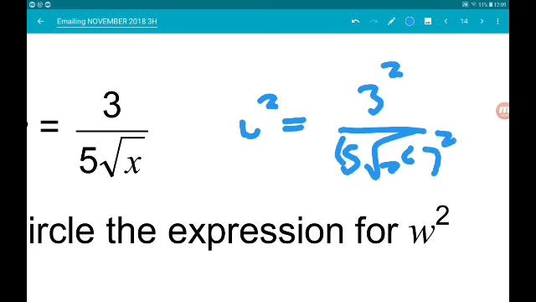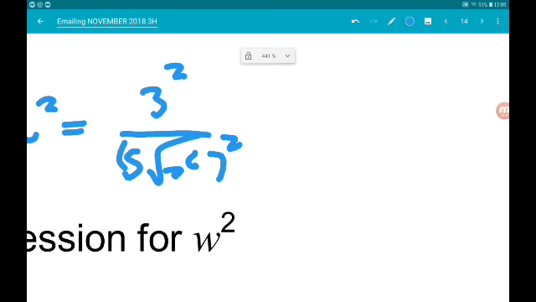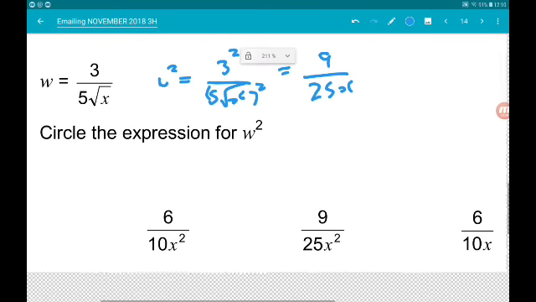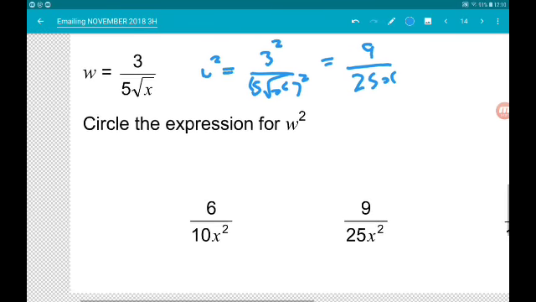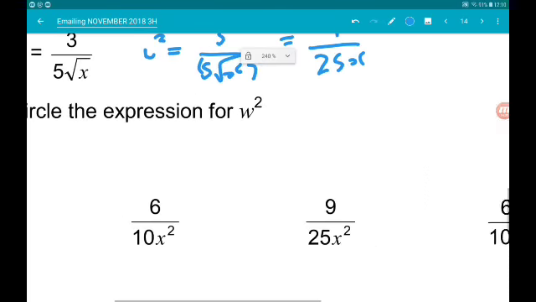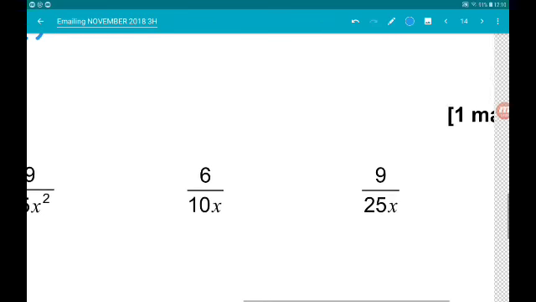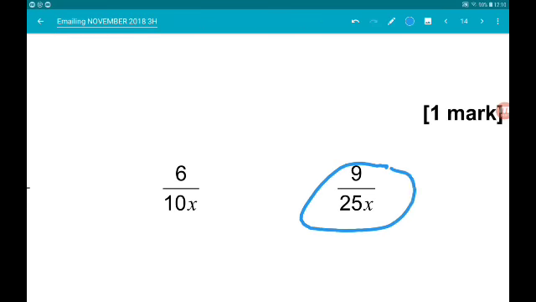Now that is going to be, well, up on top we got 9, on the bottom we get 5 squared times root x squared, so that's 25x. So it's 9 over 25x. There he is. Cool.